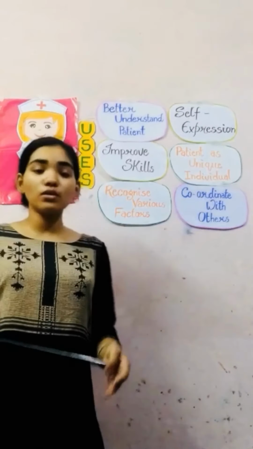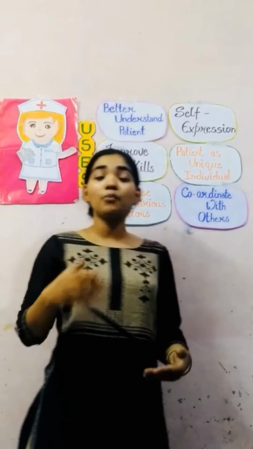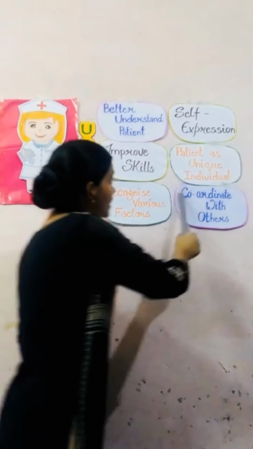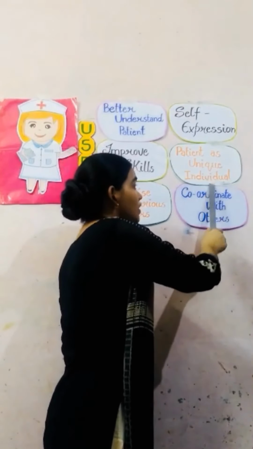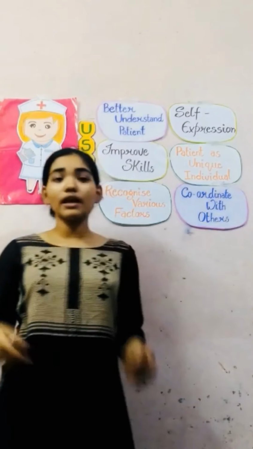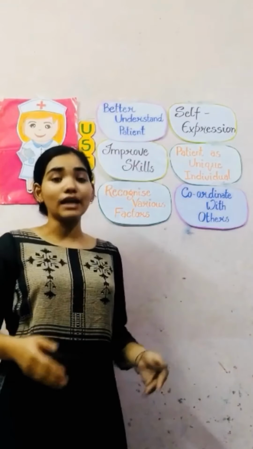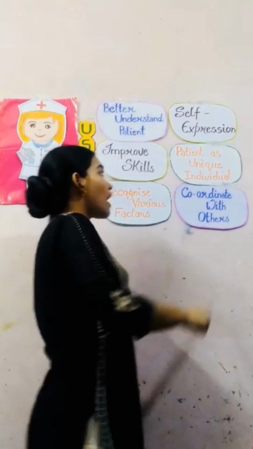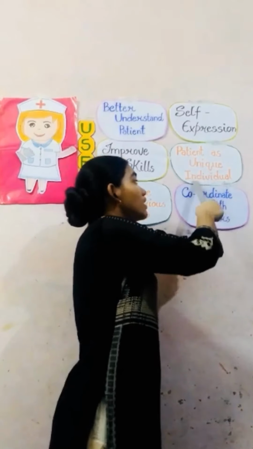It gives the student nurse an opportunity for self-expression. Then fifth is the patient as a unique individual. As we know, every person is a unique personality, every person has a unique individuality. So we have to see the patient as a unique individual.